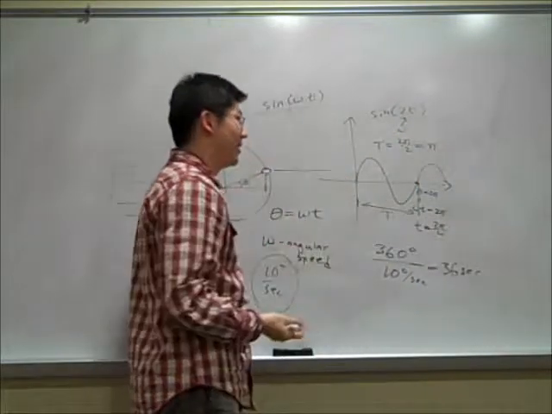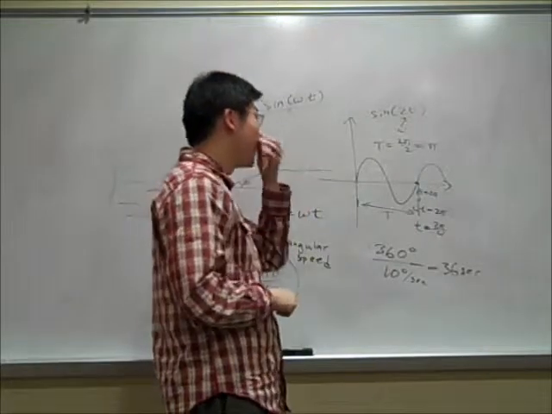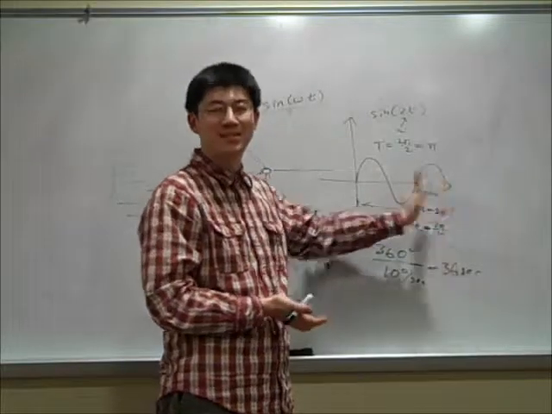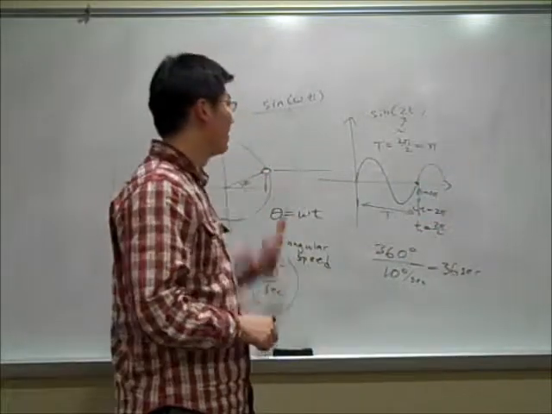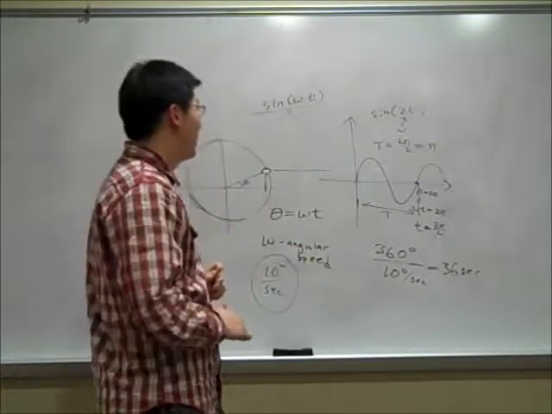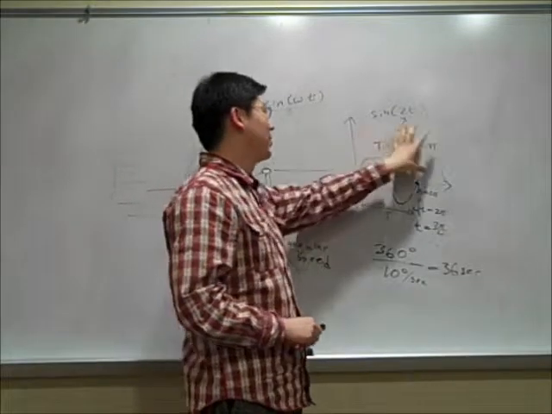So in pi seconds, a little bit more than 3 seconds, 3.14 seconds, this wave is going to repeat for sine of 2t. So this is how to get the period of a wave.